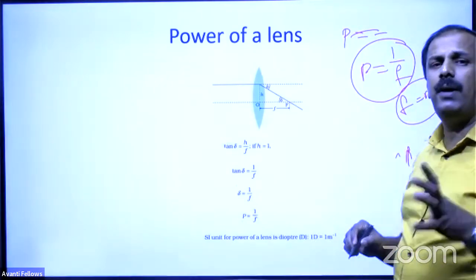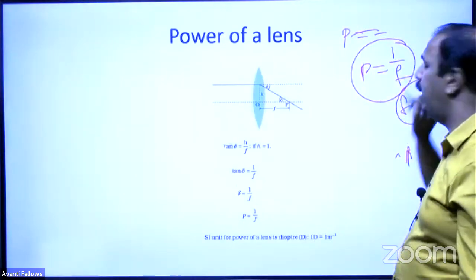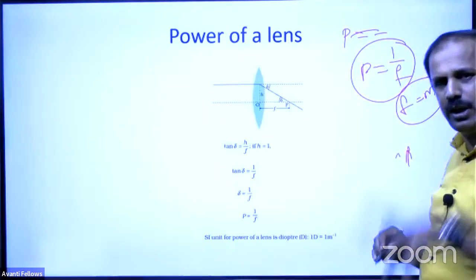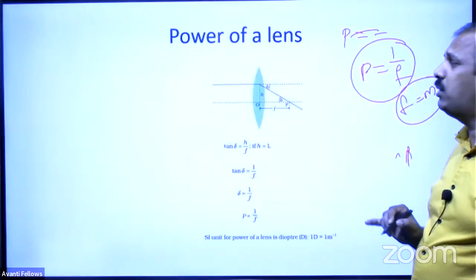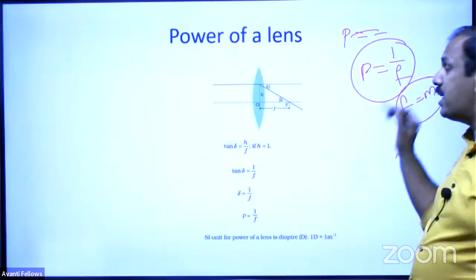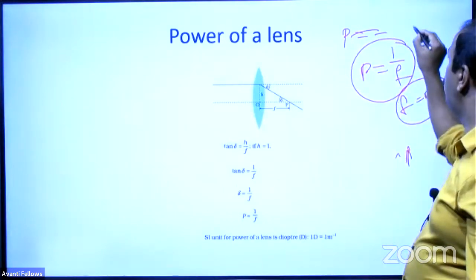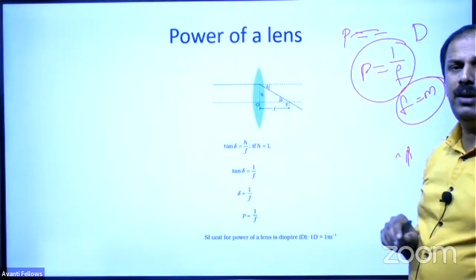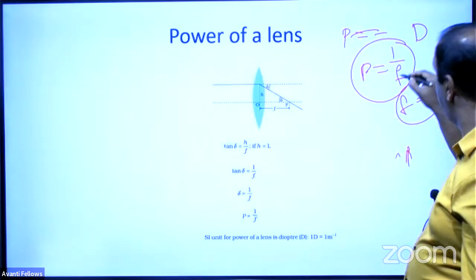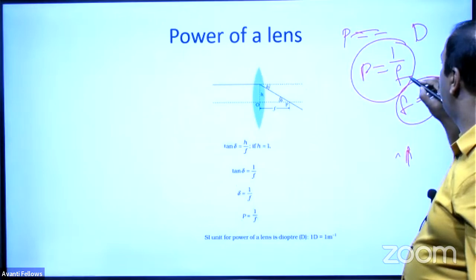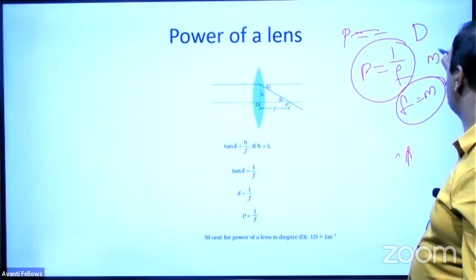When you calculate the power of a lens, power of lens is given by 1 by f, where f is in meters. If it is given in centimeter, you have to convert into meter and do it. Otherwise, it will go wrong. And what is the SI unit of power of a lens? I think you know it is the diopter. We denote it with a capital D. So 1 diopter means 1 by f, where f is in meter. So 1 diopter means meter raised to minus 1.